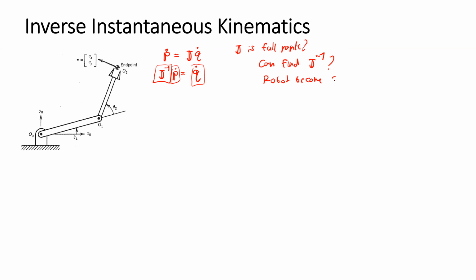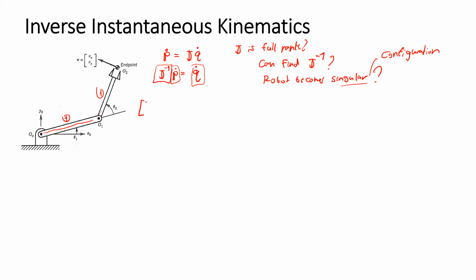So in this topic, we will show an example of when the robot has a singular configuration. We begin with the simple planar robot arm, a 2-arm robot, and make it simple. The length of the arm equals 1.